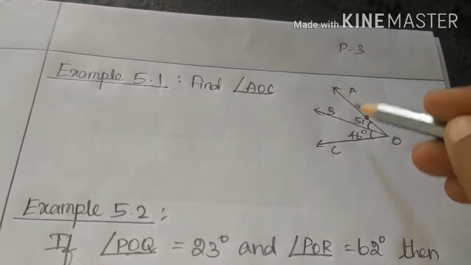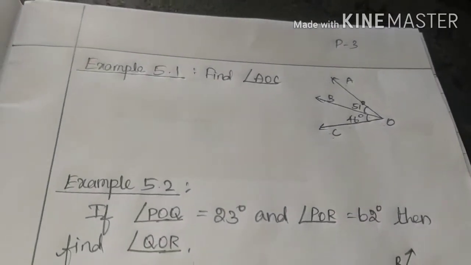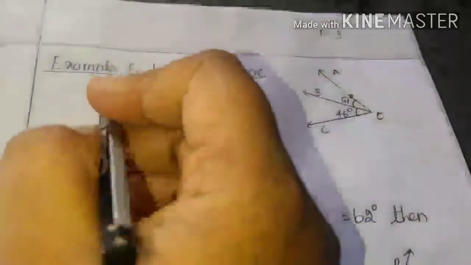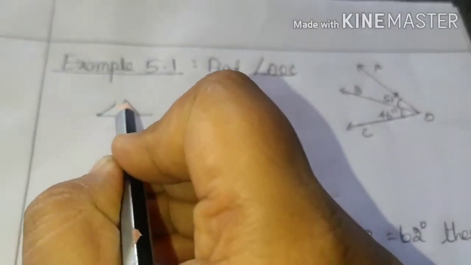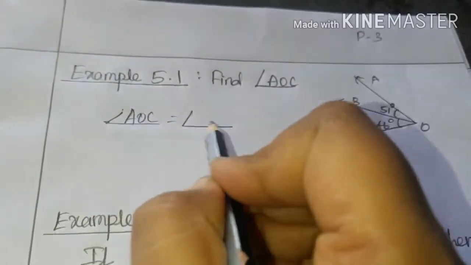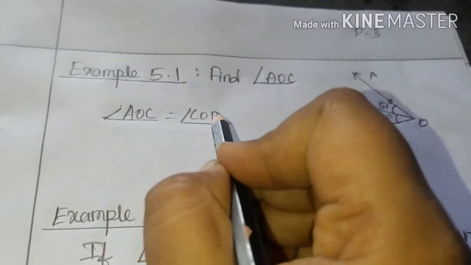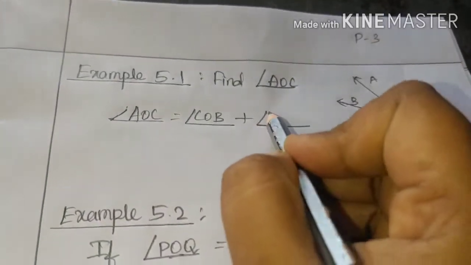So all together we have to find it, which means we have to add the angles. Here you just write angle AOC equal to angle COB plus angle BOA.